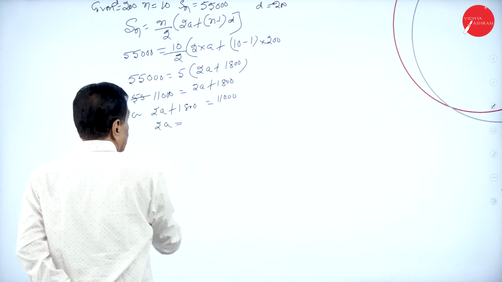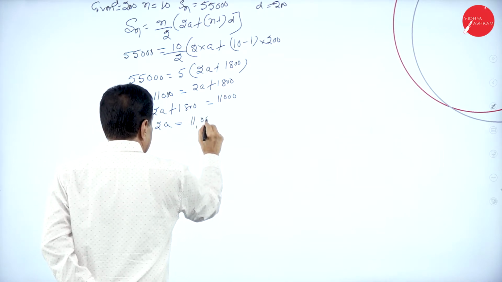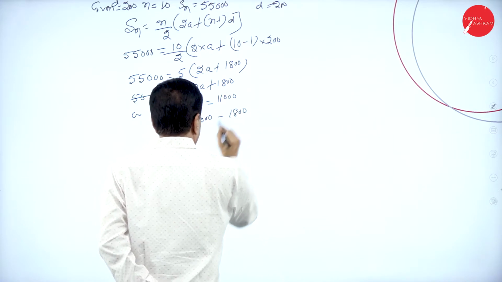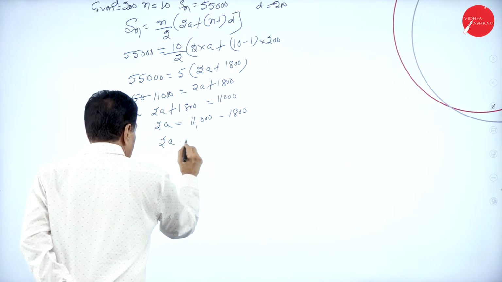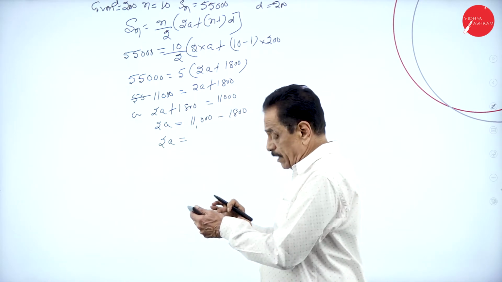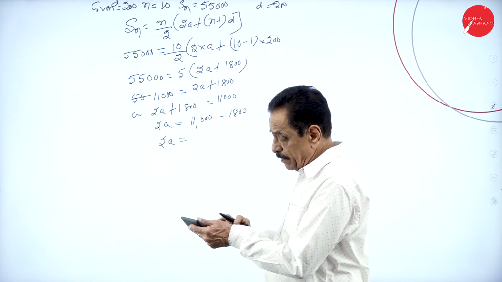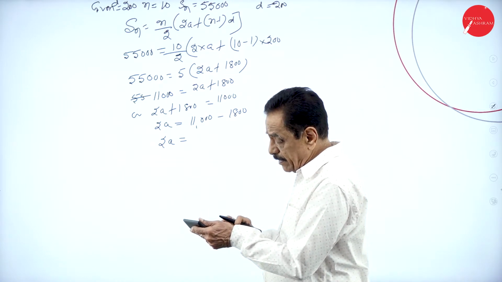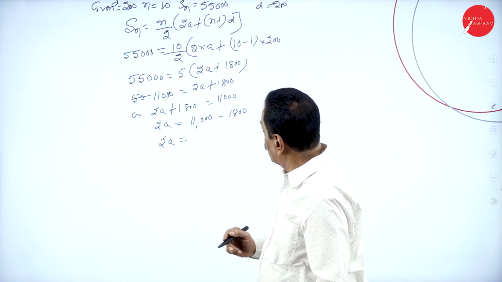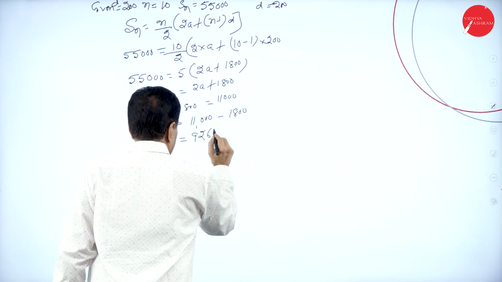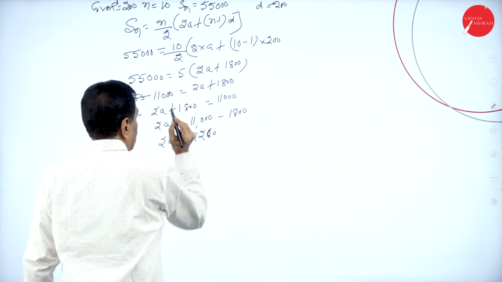2A is 11,000 minus 1,800. 2A is 11,000 minus 1,800, which is 9,200.